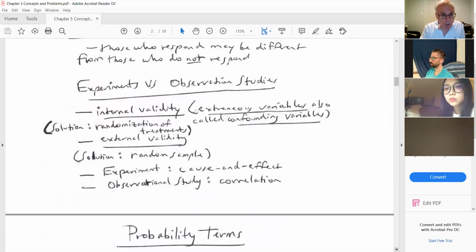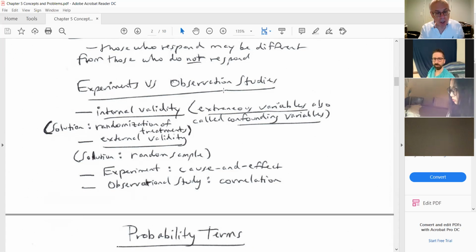And then, of course, knowing the difference between experiments and observational studies. Knowing that in experiments you're controlling for the variables that affect the response. In observational studies, you're observing those variables. So for experiments, if you have a randomized experiment, you can talk about cause and effect.